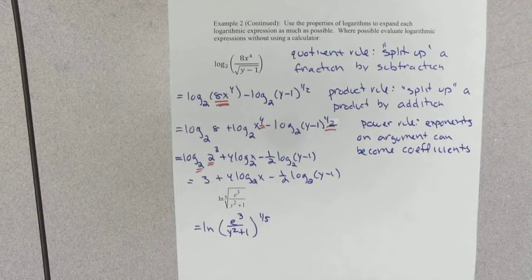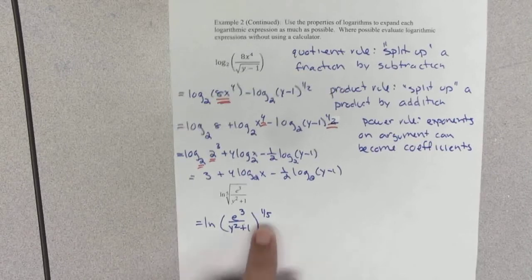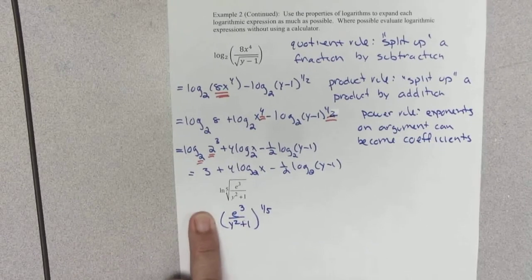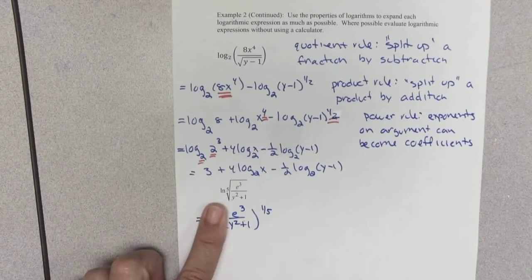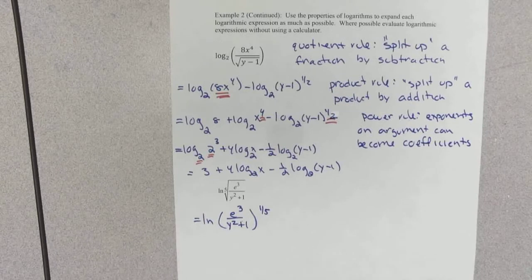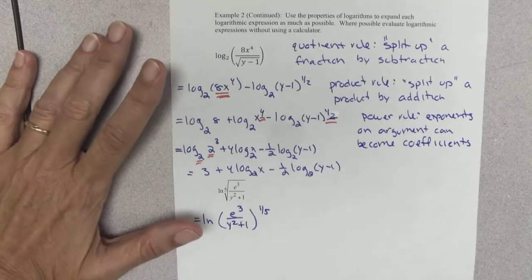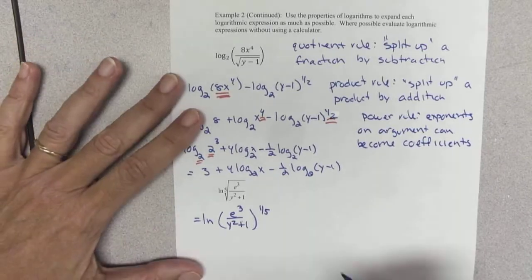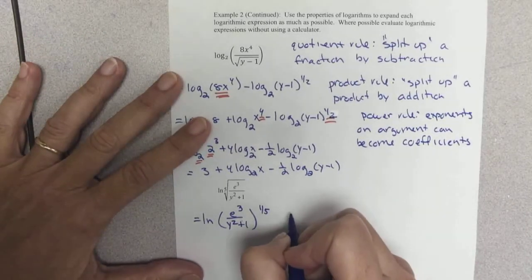This is not going to start with the quotient rule, because I start with the entire argument. And the entire argument, ignoring the natural log just for a minute, the entire argument is raised to that exponent of 1/5. So the entire argument is governed right now by the power rule. So, power rule.